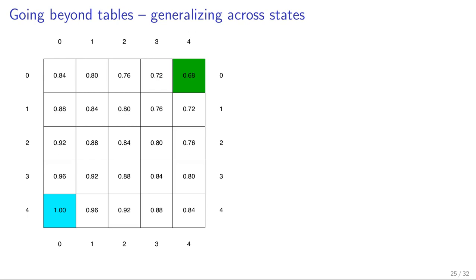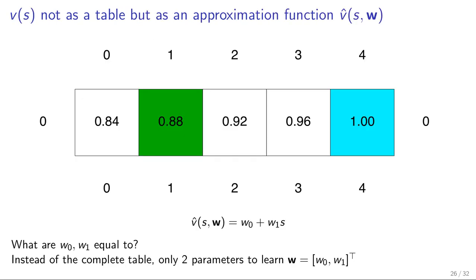So if the world is bigger and bigger, you will need bigger and bigger tables, which at some point will not be tractable. So the key idea here is that you should learn an estimate of the value function or of the Q value function from the state.